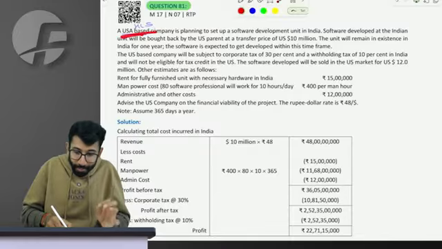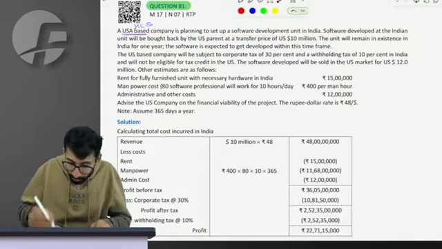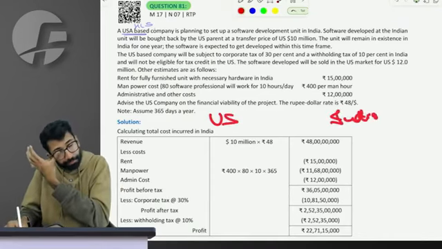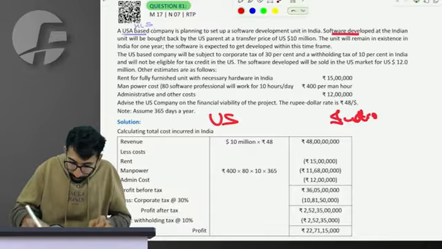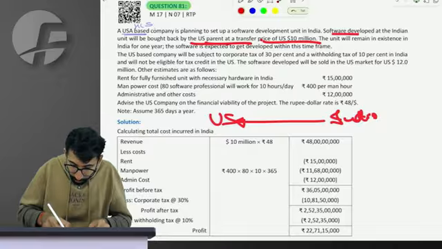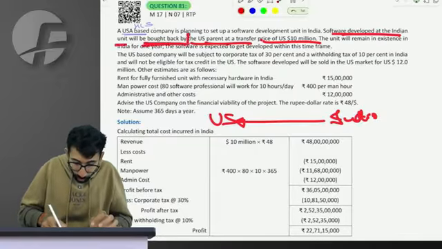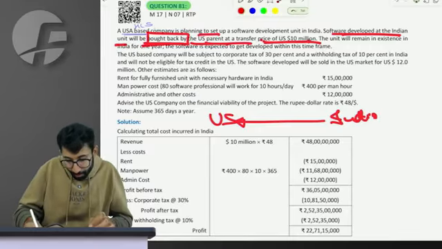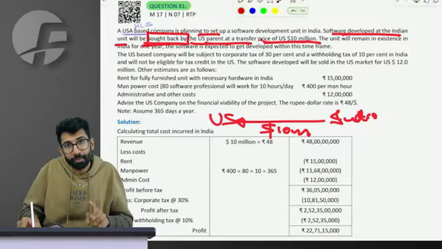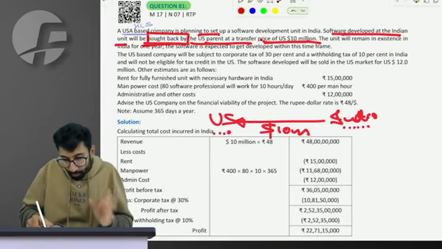So there's this US based company who's planning to set up a software unit in India, right? The software developed at the Indian unit will be bought back by the US parent at a transfer price of $10 million, and the software will be transferred by the Indian entity to the US entity.